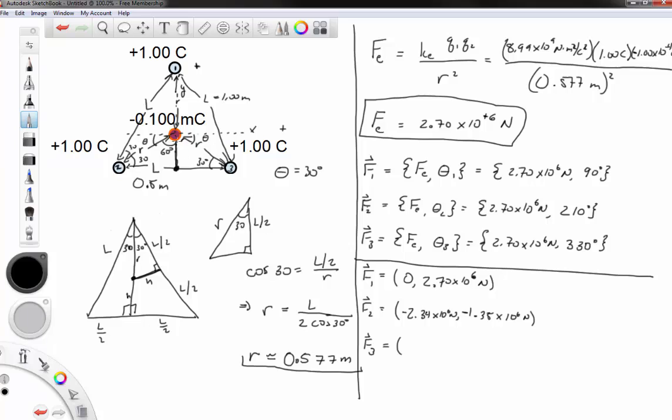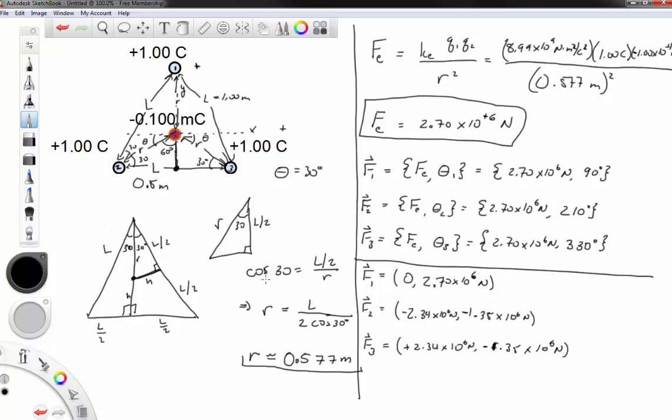So this is the force, this is the y part, this is the x part. So we actually end up with plus 2.34 times 10 to the 6 newtons, comma, again, minus 1.35 times 10 to the 6th newtons.